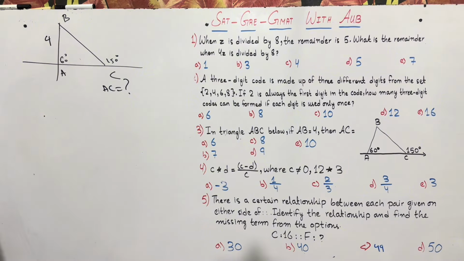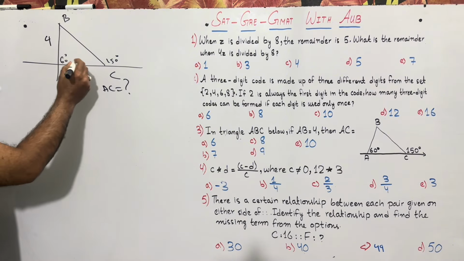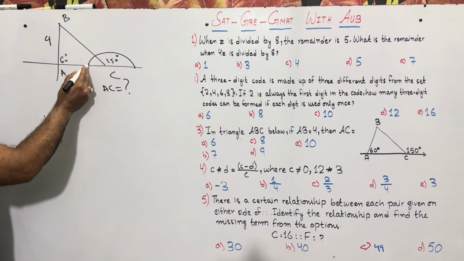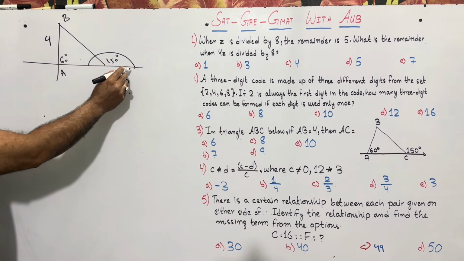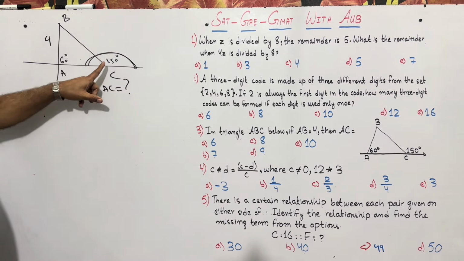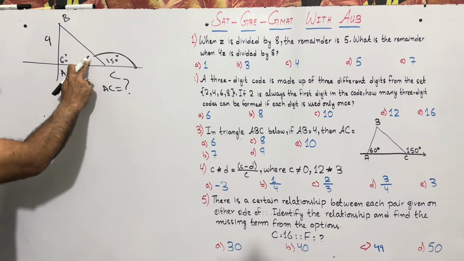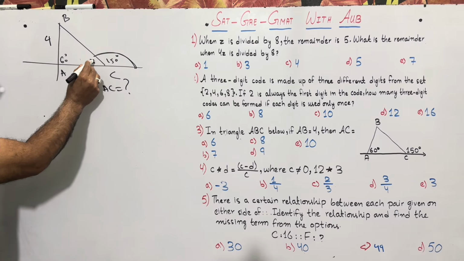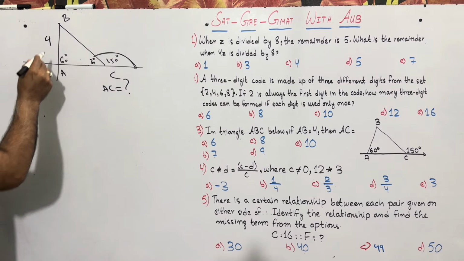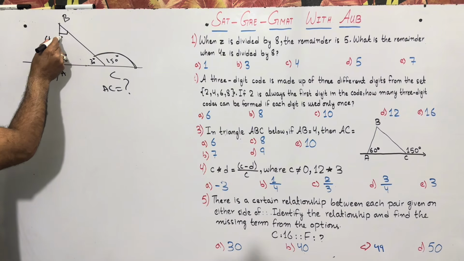Number 1 possibility to solve this question: a complete straight line measures 180. That's 150, so this must be 30 degrees. 60 and 30, obviously, it is a 90 angle.